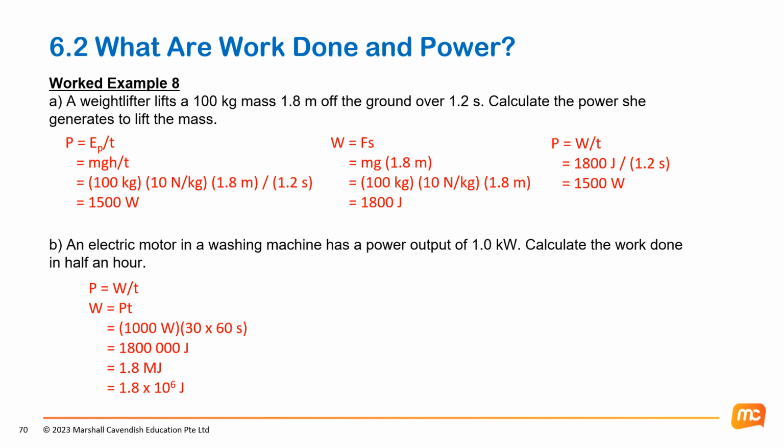When you multiply all this together, you will get 1.8 million joules. I've given you two other representations, which are 1.8 megajoules, remembering that mega is for million, or 1.8 times 10 to the power of 6 joules, which is the standard form where you take a number between 1 and 10 times 10 to the power of a whole number.